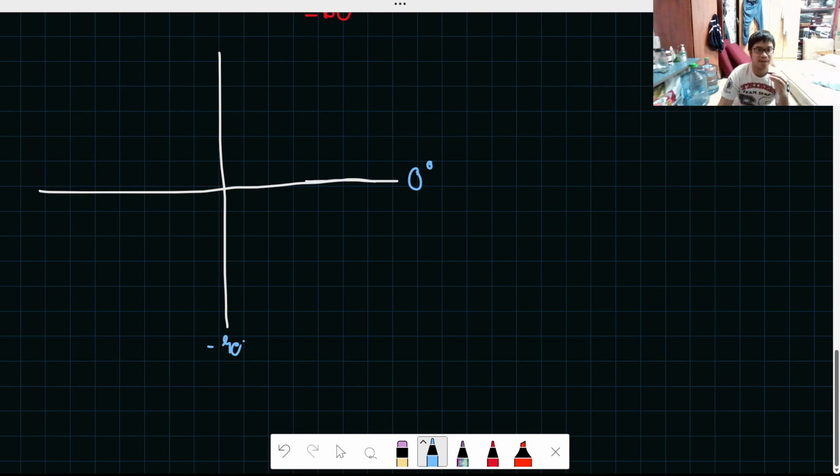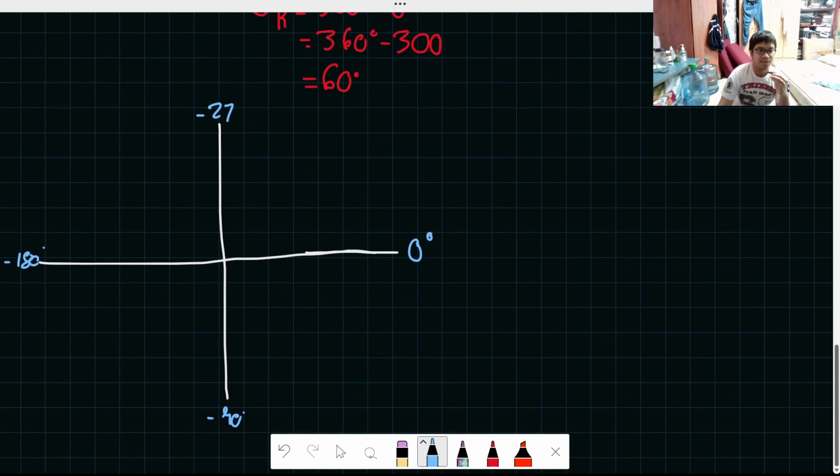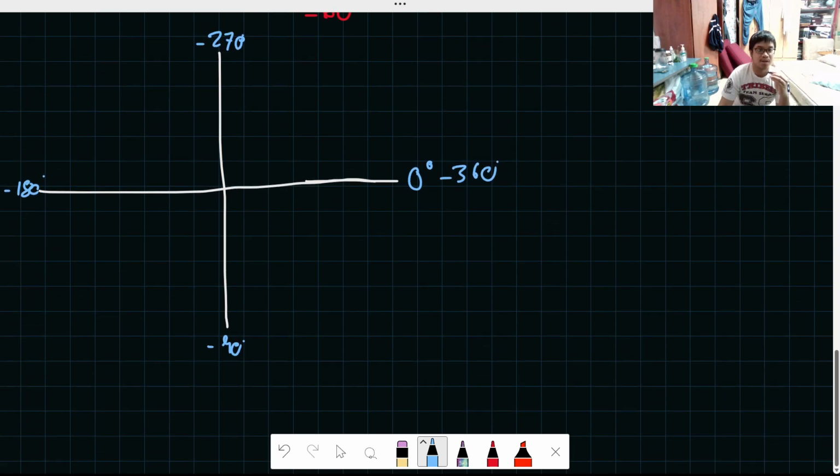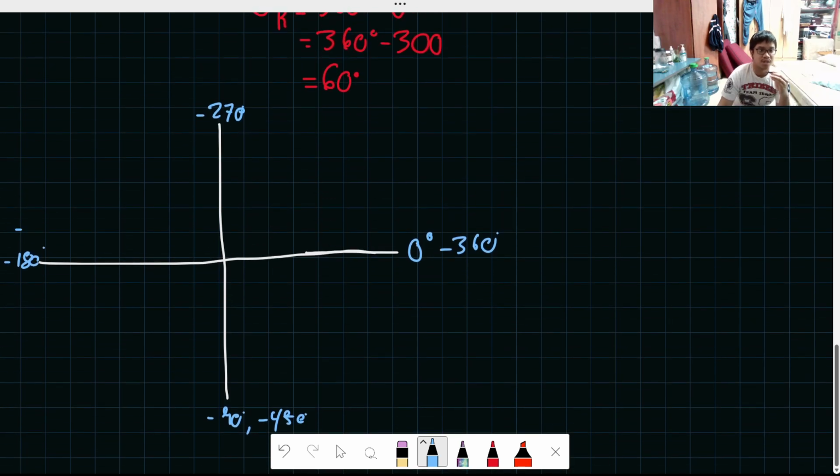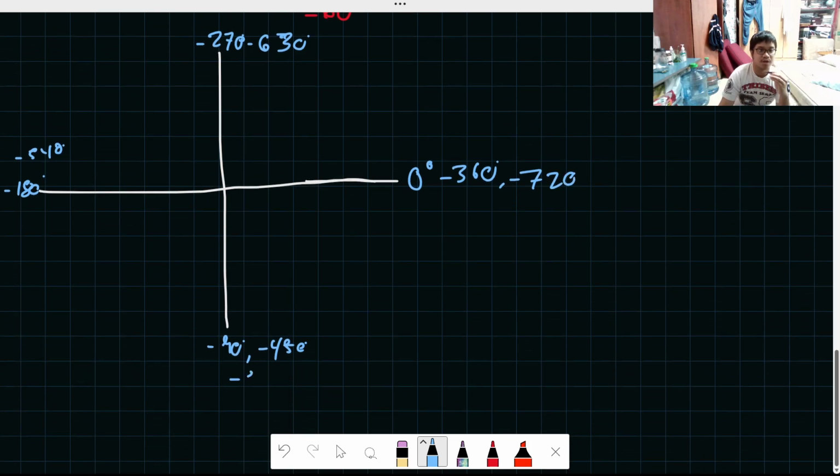So we will have negative 90 degrees, negative 180 degrees, negative 270 degrees, negative 360 degrees. Then here we will have negative 450, negative 540, negative 630 degrees, then negative 720 degrees, negative 810 degrees, and lastly, negative 900 degrees.